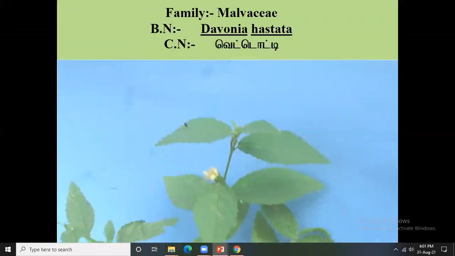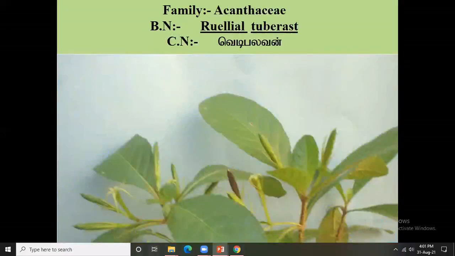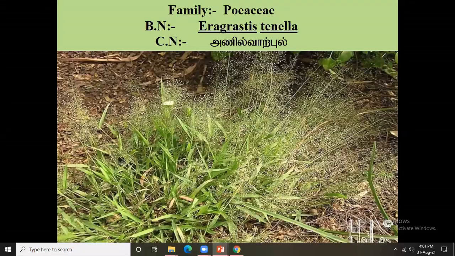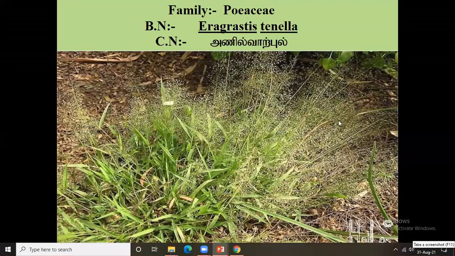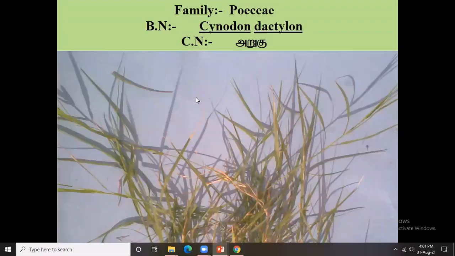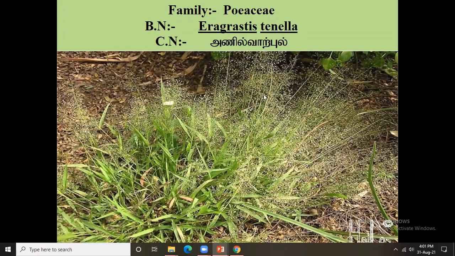This another one is Malvaceae. This one is Fabaceae family. All clovers are Fabaceae family. Then in your exam, if you see clovers, you can write family Fabaceae. This also you can memorize easily.